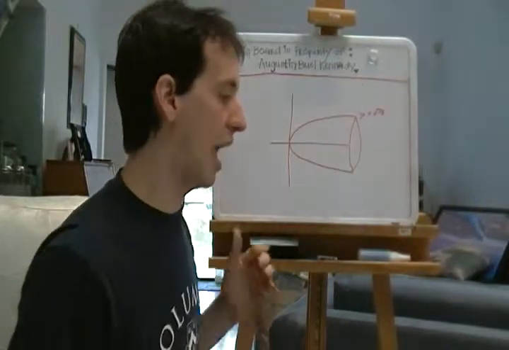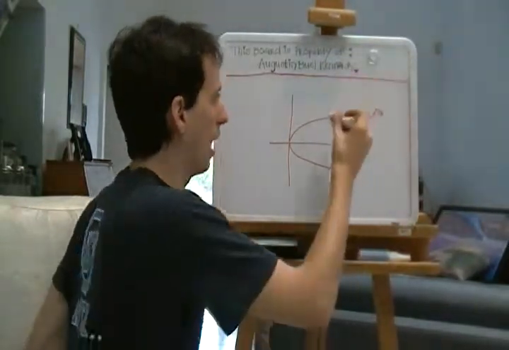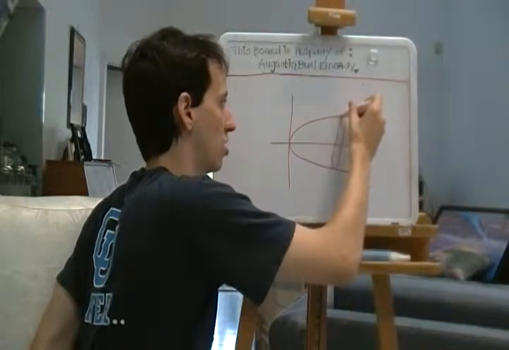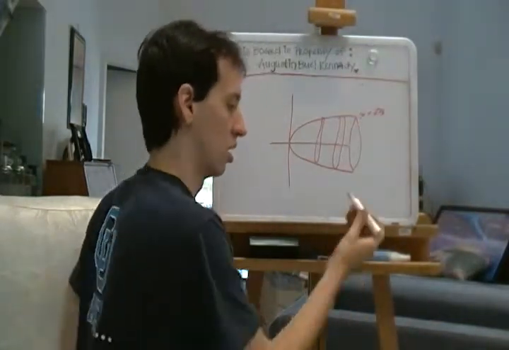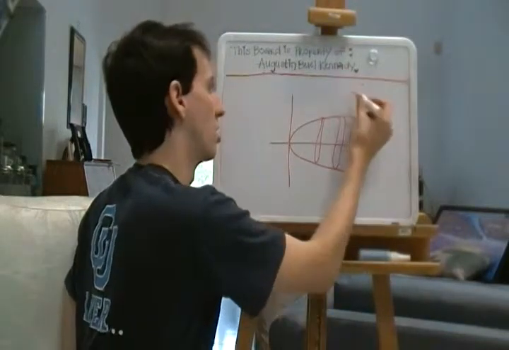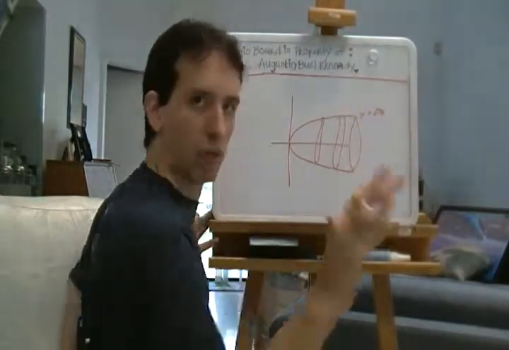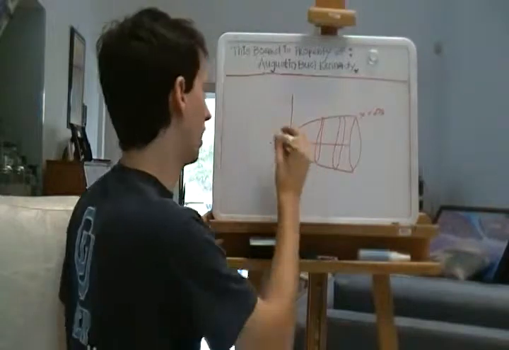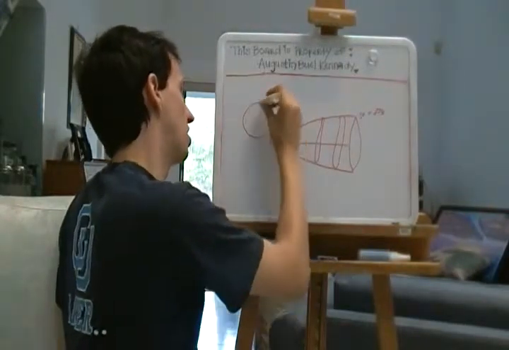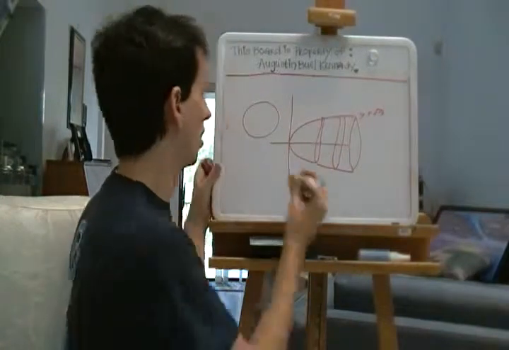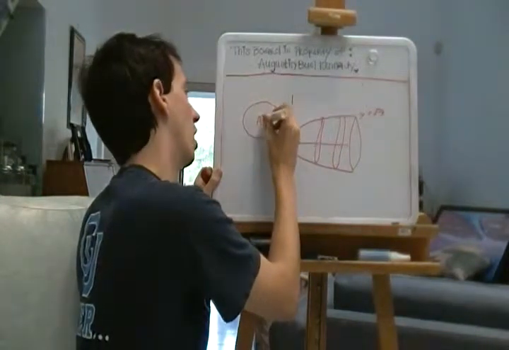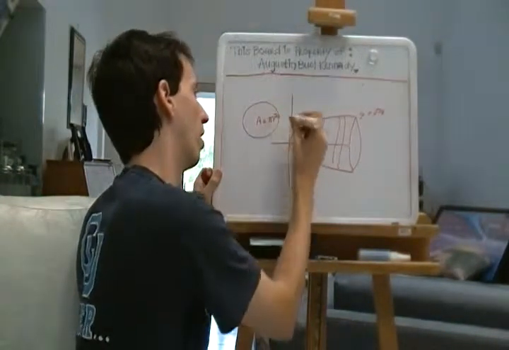So what we're going to do now is we're going to go ahead and make cross sections. Every time we make a cross section, we see a disc. We take the graph, we flip it, we look at it like we did the orange, and we see a circle. And that circle has area pi r squared.